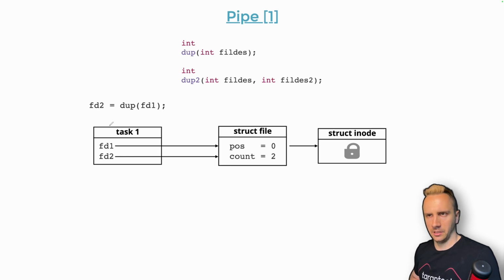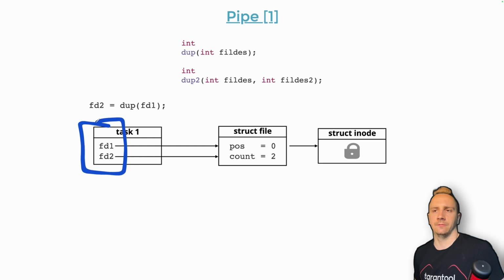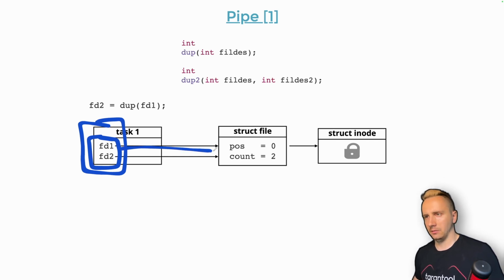Which means the file descriptors that we have in user space, those numbers, are not even direct file descriptors. They are just references to some file descriptors. And two different numbers, like fd1 and fd0, can be pointing at the same struct file.